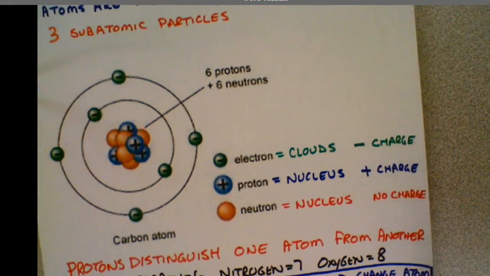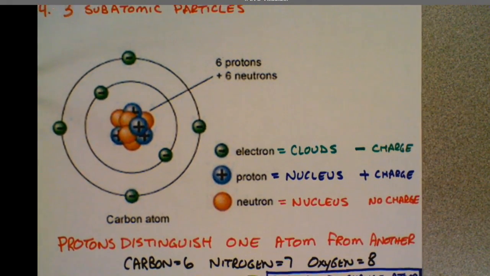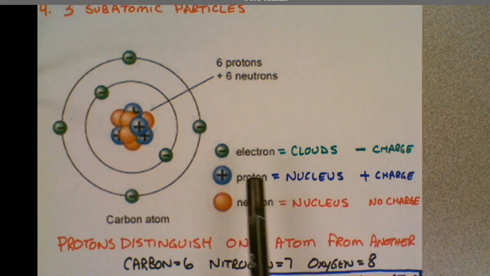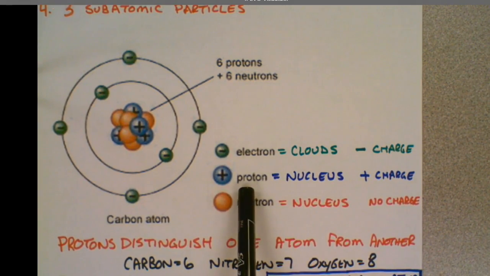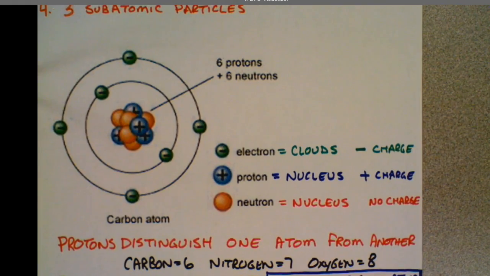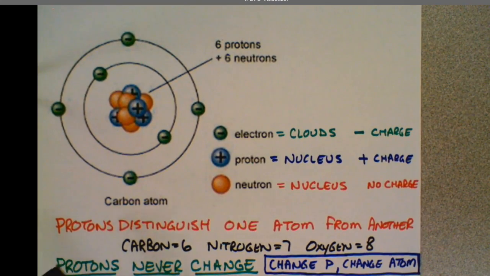All right. Now, I have some general information that we need to know about a typical atom. So down here it says protons distinguish one atom from another. So it's these number of protons in the nucleus that differentiate atoms of carbon, nitrogen, and oxygen, for example.